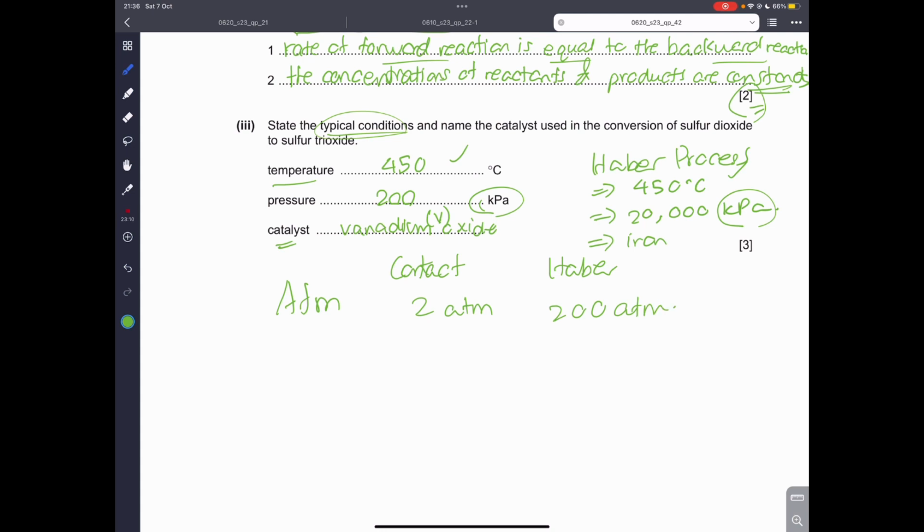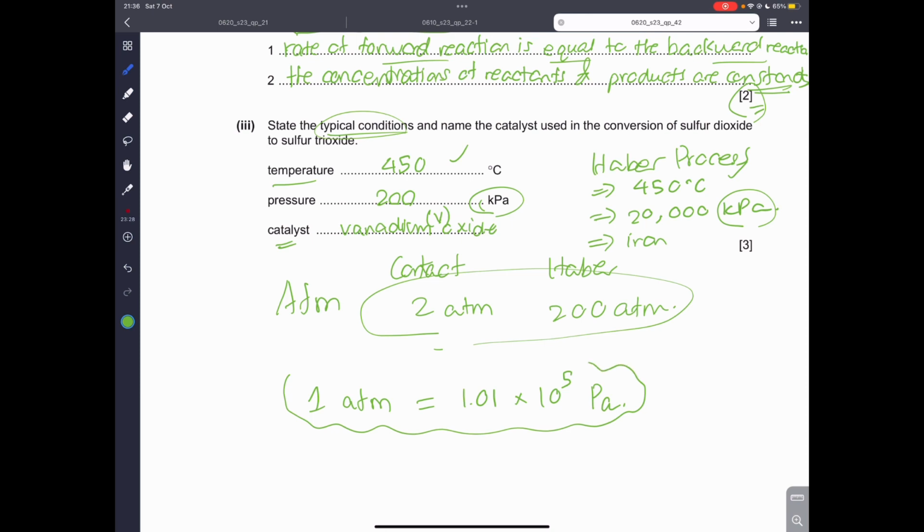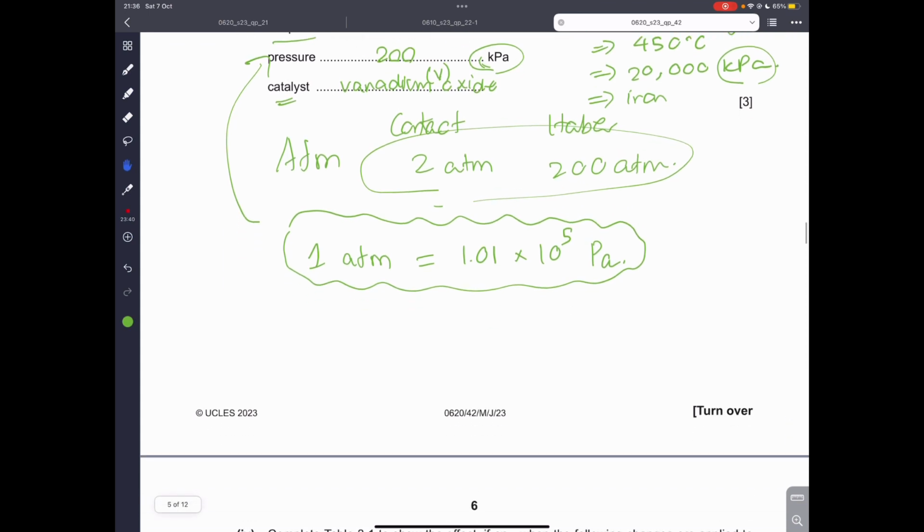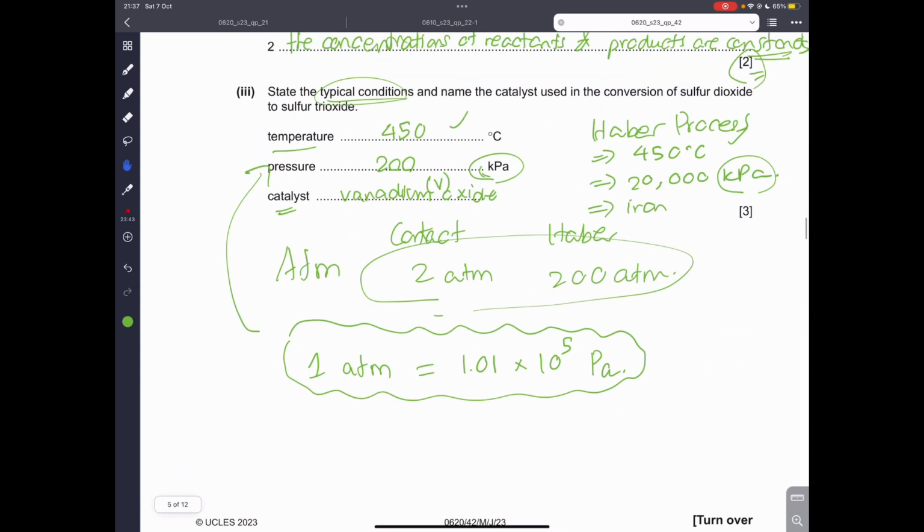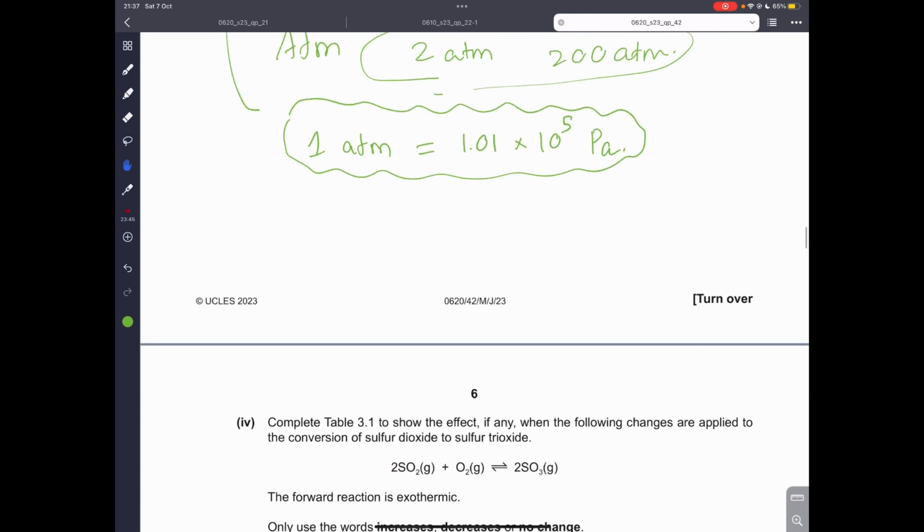So basically you have to know those, or you could just remember that one atmospheric pressure is equal to 1.01 times 10 to the power 5 pascals, and then you can use this formula to work out the pressure in kilopascal. So it's really helpful to remember these conditions in the exam, so you can write these things down really quickly and waste no further time.